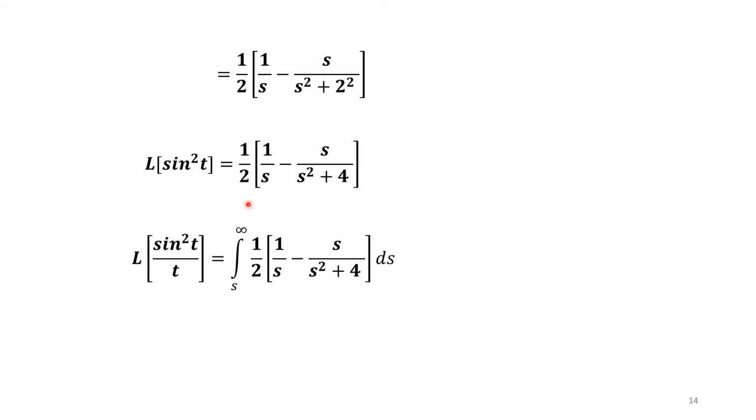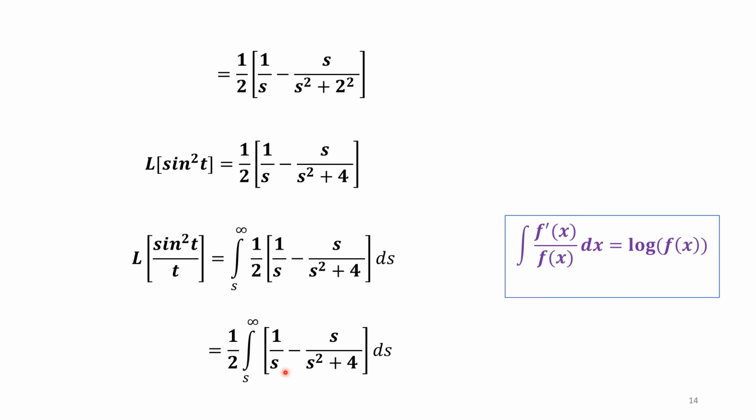So now we are calculating sine square t by t, integrating this function with respect to s between the limits s and infinity. Half is the constant which can be taken common. Integration of 1 by s and s upon s square plus 4: again we have the formula f dash of x upon f of x dx is log of f of x.